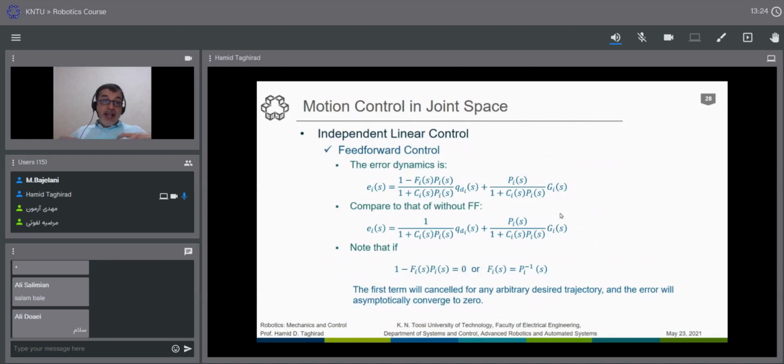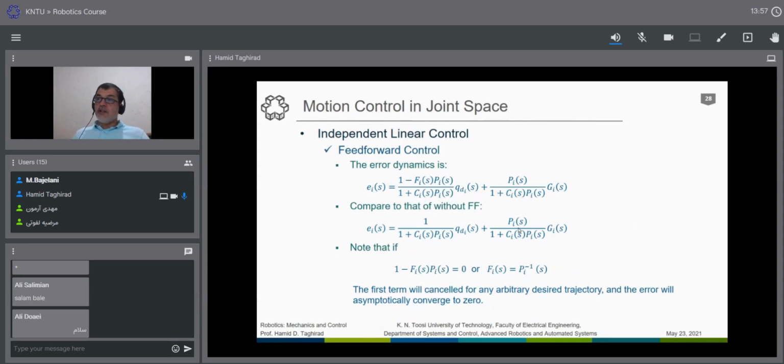Just as something is being added here, the inverse controller will subtract that, and that will make this part equivalent to 0. So the error, regardless of what you have, will be cancelled, and the error asymptotically converges to 0 by this means.